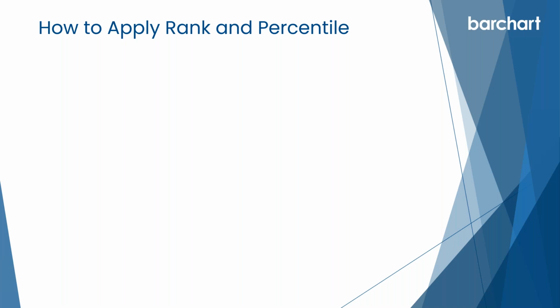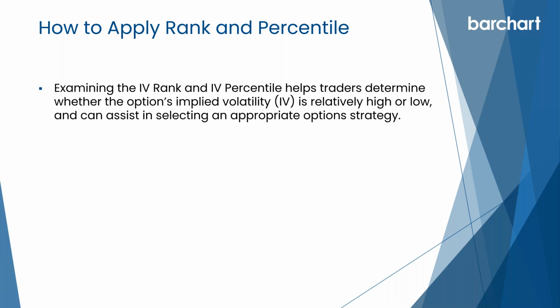So how do we apply rank and percentile? As I mentioned, implied volatility rank and percentile are going to give us clues to where the implied volatility is high or low relative to itself, and also as it compares to our historical implied volatility. So let's talk about the first steps in strategy selection.